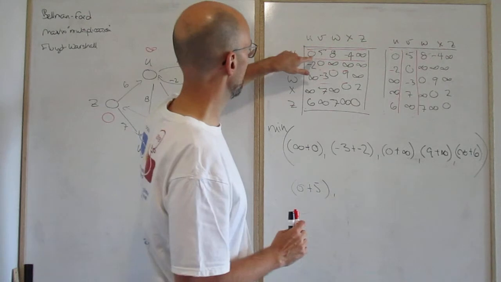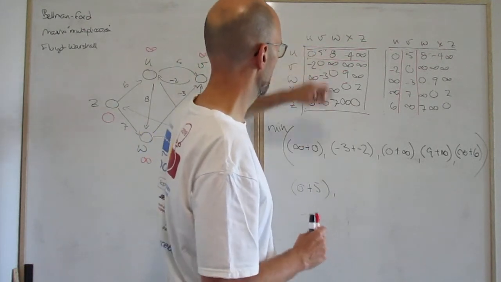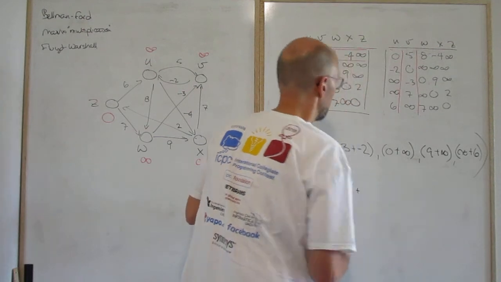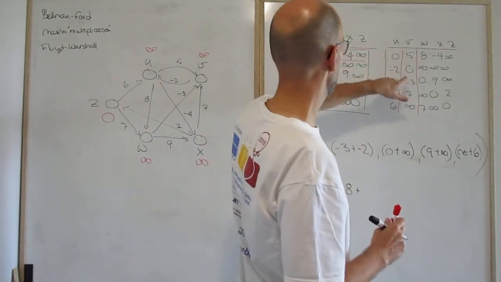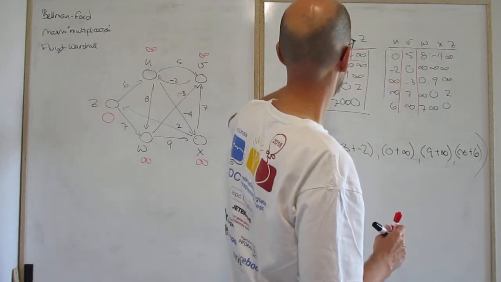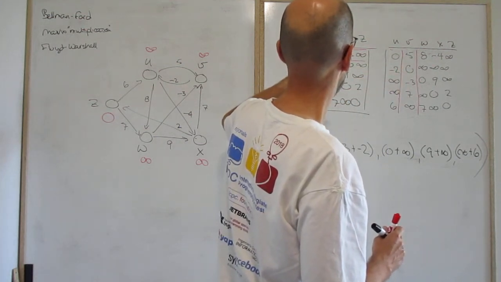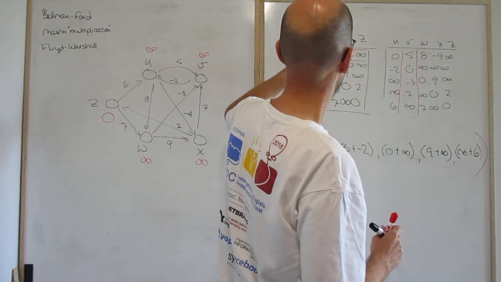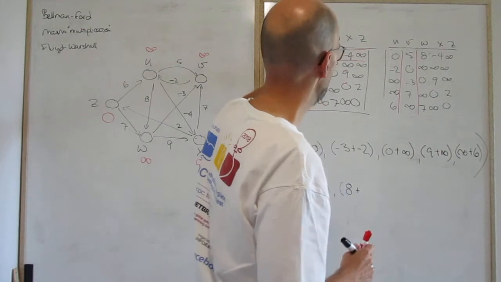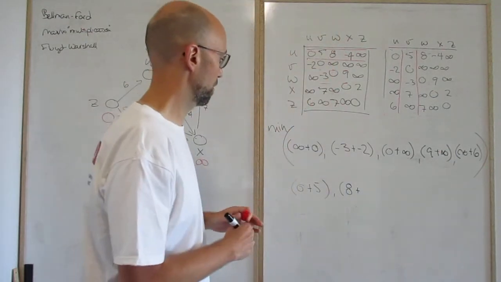Okay, and then U goes to W, which is 8, plus, oh, sorry, I forgot one.